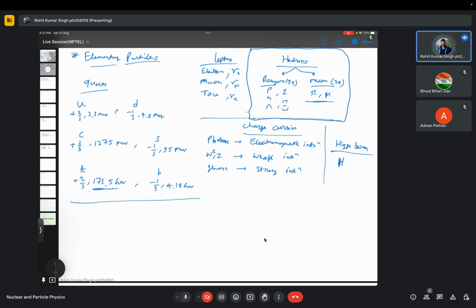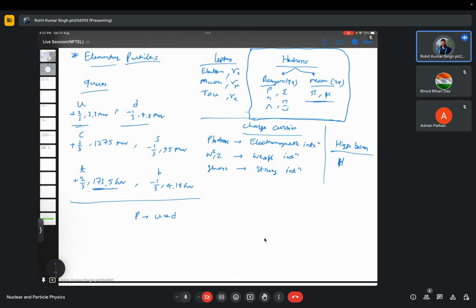But one thing that I would like to discuss here is, you see, the up and down quark, their mass is very low, right? So proton, you know that it is made up of UUD quarks, right?